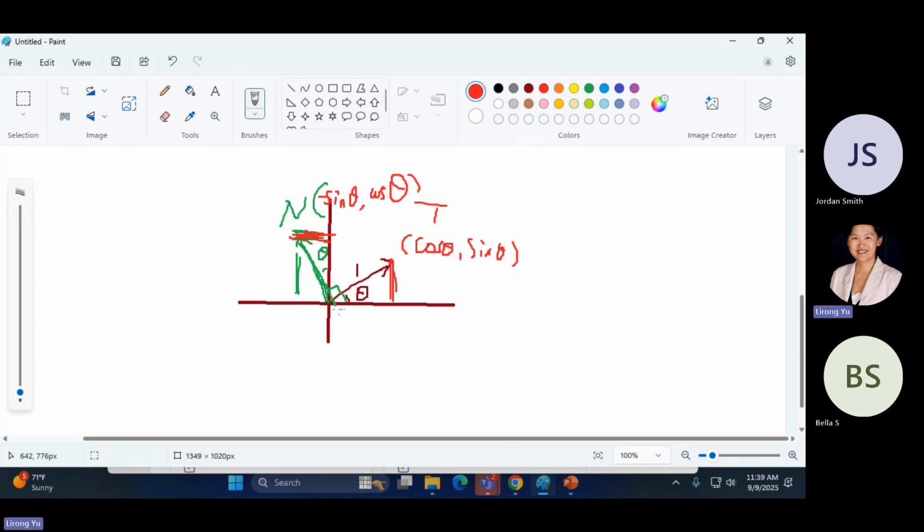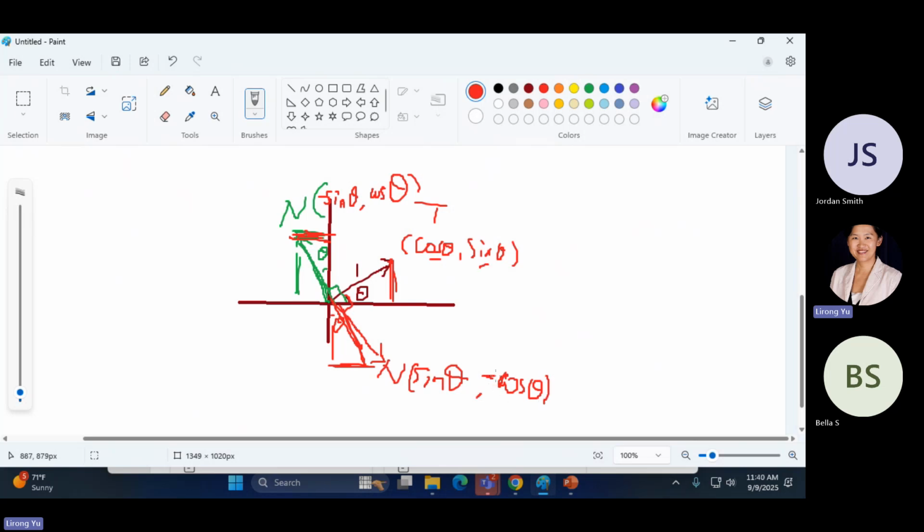Or, as far as perpendicular direction, you can have the normal vector in this direction. In that case, this is now the theta. Try to make sure that we draw the perpendicular relation. So that one would be the sine theta. So this will be positive sine theta and negative cosine theta for the y value, assuming these two are positive.